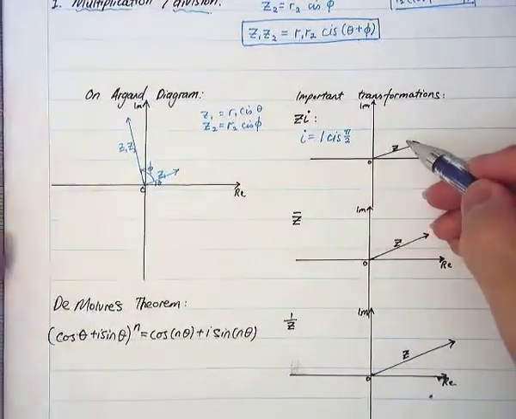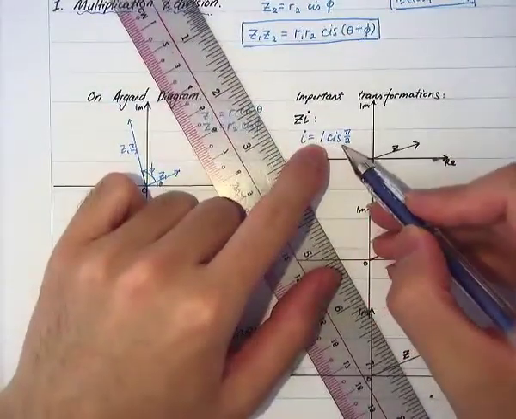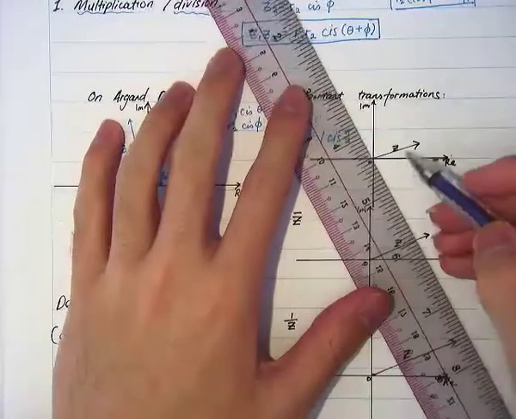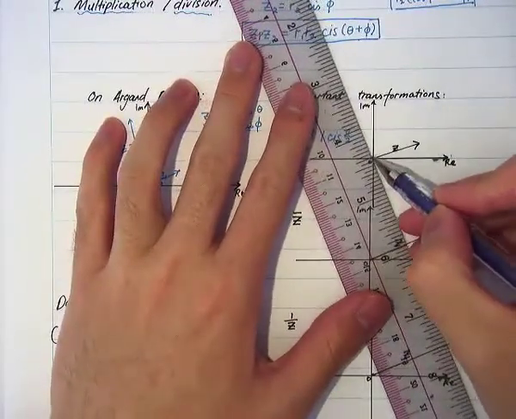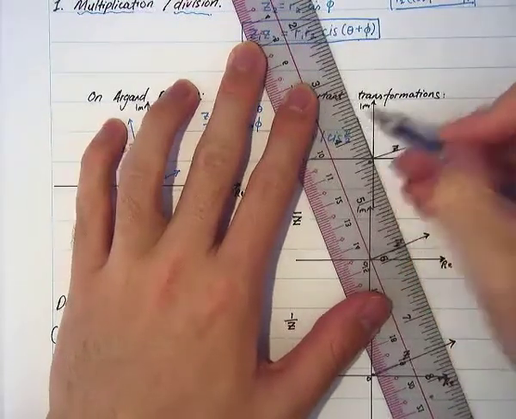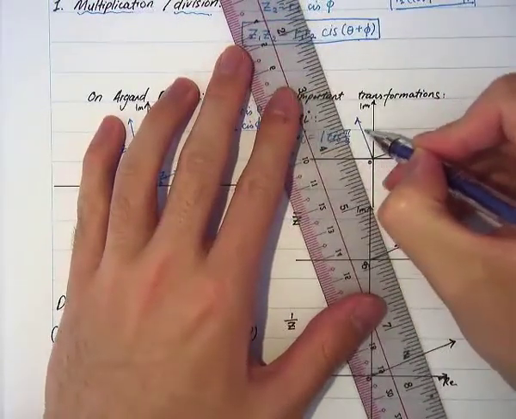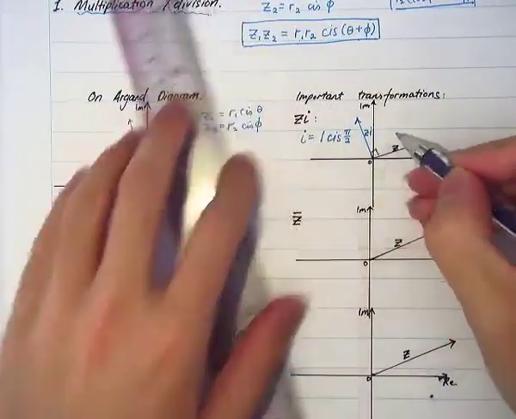So because we're multiplying by 1 cis pi on 2, our modulus hasn't changed, but our argument has increased by pi on 2 radians, which is simply a 90-degree rotation anti-clockwise of the original z. So that one is going to be zi, a 90-degree rotation.